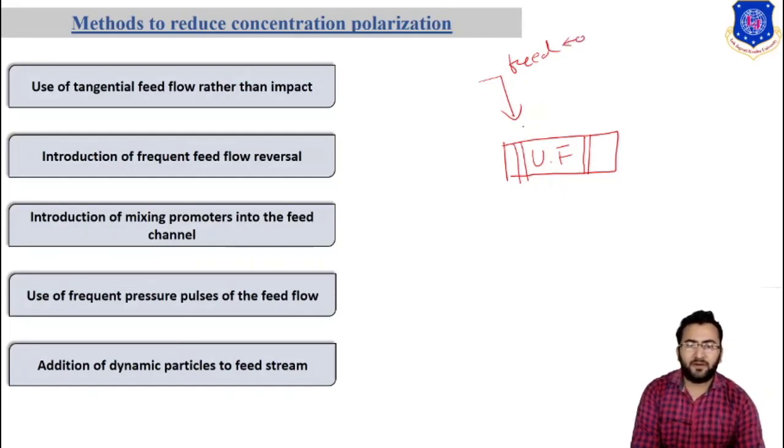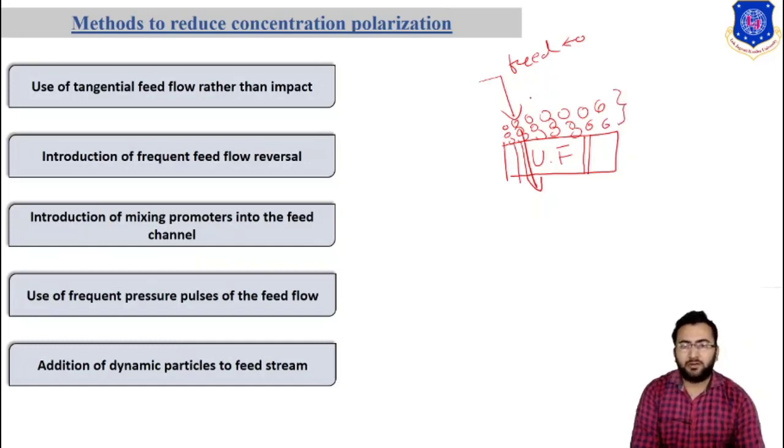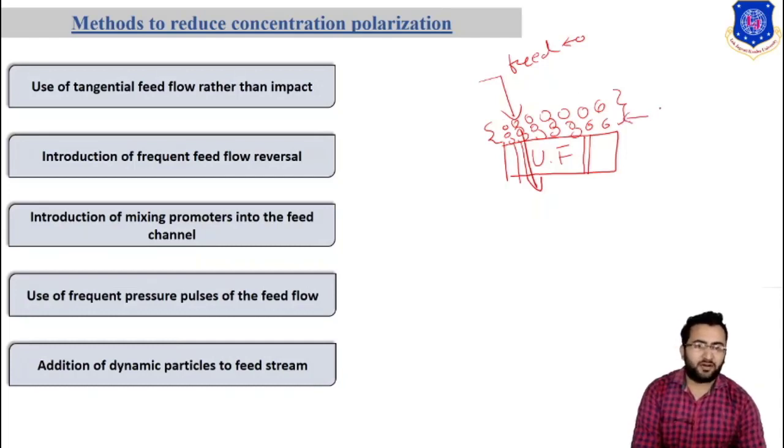So, when the feed passes through the membrane, the solute will accumulate on the surface of the membrane and make a gel layer. This type of gel layer occurs when the solute accumulates on the membrane surface, and this gel layer is known as concentration polarization.